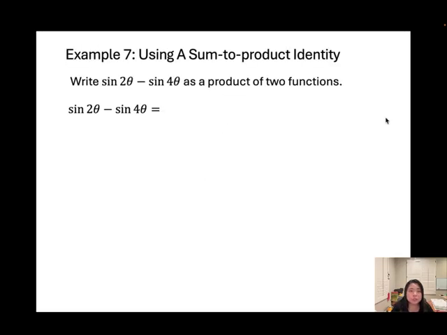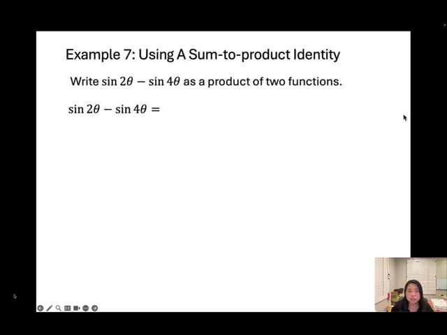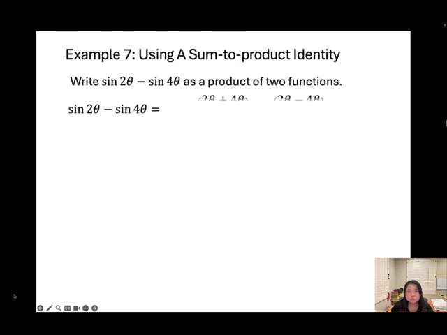Okay, example 7. Write sine 2 theta minus sine 4 theta as a product of 2 functions. So we're going to think about this part here. Okay, sine 2 theta minus sine 4 theta. You're going to use this formula, the second one: 2 cosine of (a plus b) over 2 times sine of (a minus b) over 2.